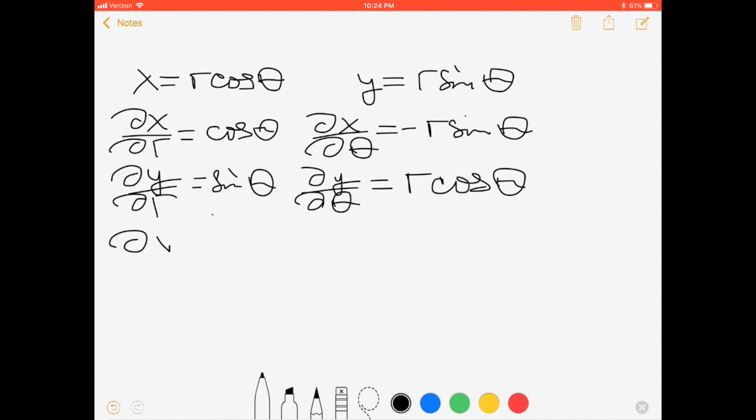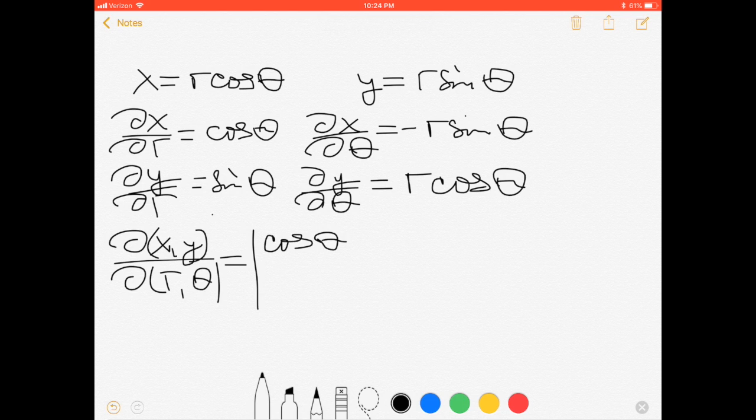Now if we want to count the Jacobian of x, y with respect to r, theta, we need to compute the determinant. First row is cosine theta, negative r sine theta. Second row is sine theta, r cosine theta.